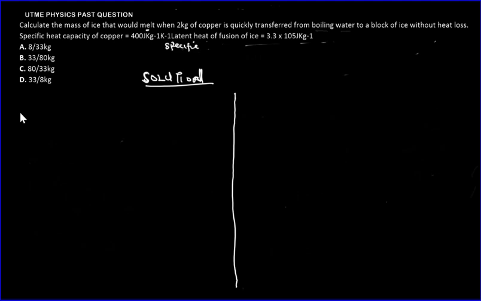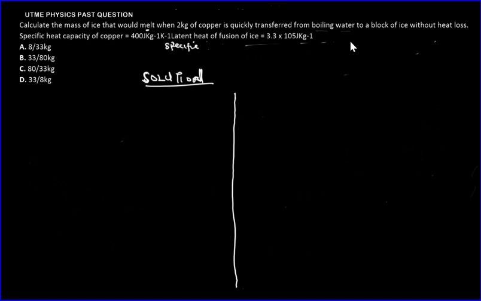So let's read the question again. It says, calculate the mass of ice that would melt when 2 kilograms of copper is quickly transferred from boiling water to a block of ice without heat loss. That means we assume that heat is not lost to the surroundings.